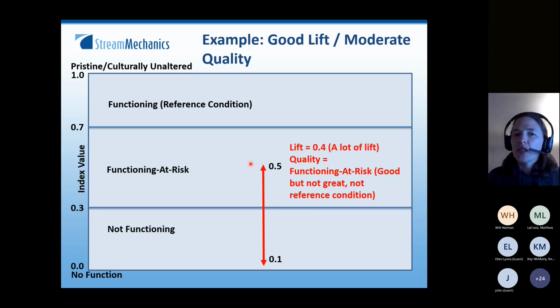You're only middle of the range, functioning at risk when you end, but you've generated more lift. So remember that the change in condition is really the credit or the debit. If you're increasing it, the more change you have, the better. If you're impacting it, then you want to minimize the change in condition. But keep in mind, even though the temptation is there to turn everything green, your goal is to maximize the change for restoration.